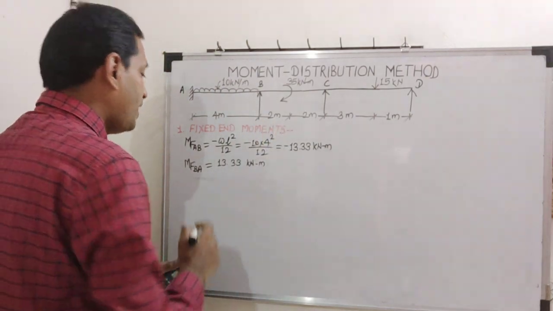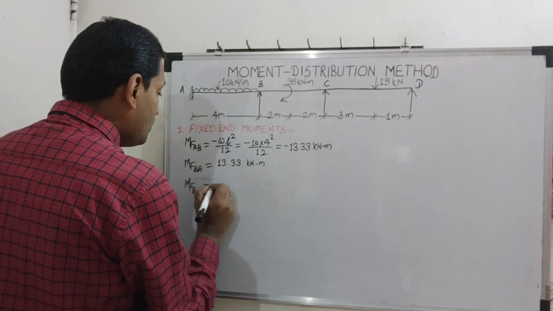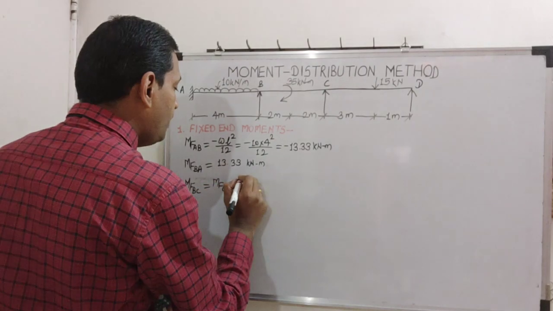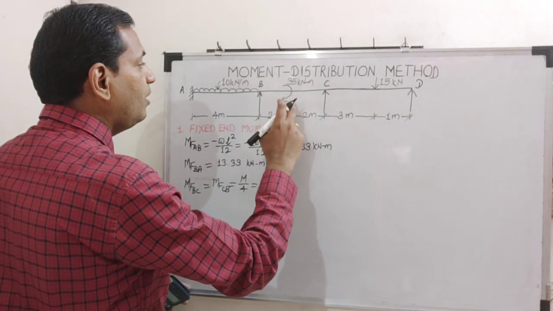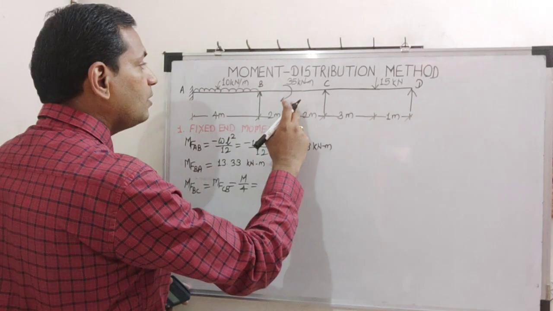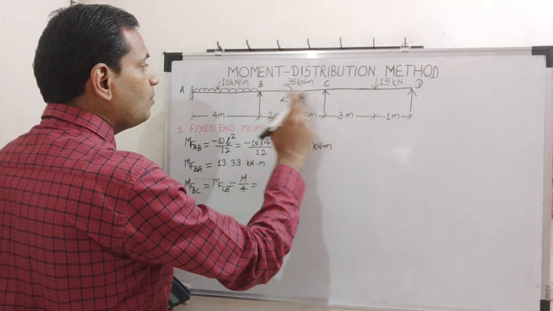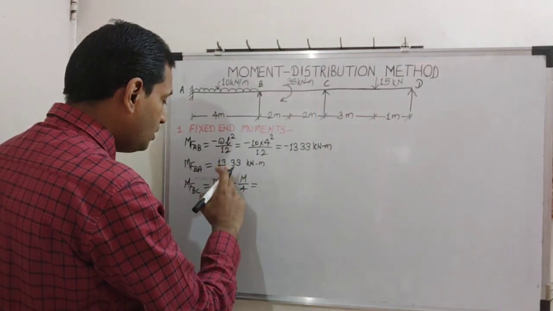Then the second span is BC. So MFBC as well as MFCB, both fixed end moments will be M by 4. Why M by 4? We can see there is a centrally located clockwise couple, and because of this couple, fixed end moments on both the ends will be clockwise, not like one anti-clockwise and the other clockwise.